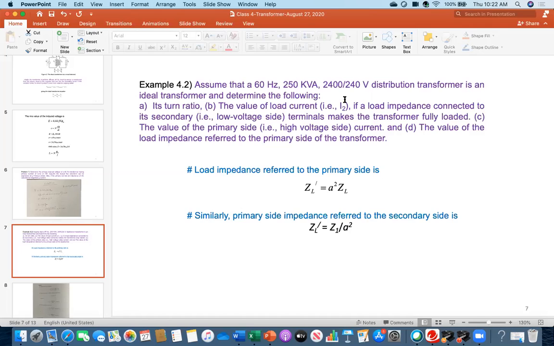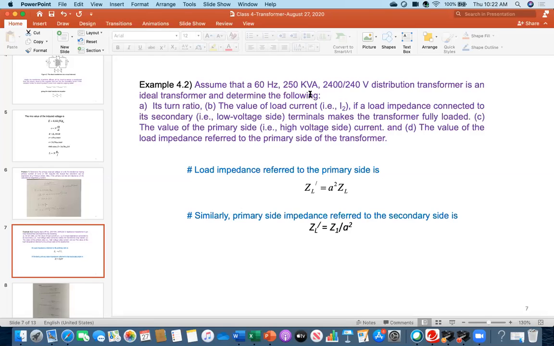Yes. By default, you will assume that this is primary, this is secondary. And then this is the rating of the transformer, 250 kVA. The one important thing you will remember, keep in mind always: a transformer is always rated in terms of volt ampere. In this case, it is kVA or it might be MVA.